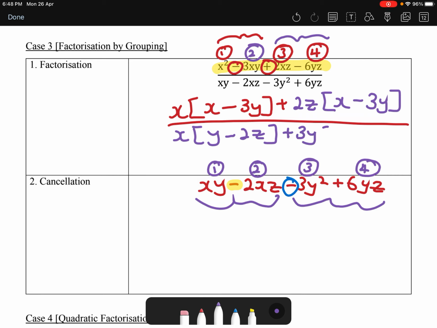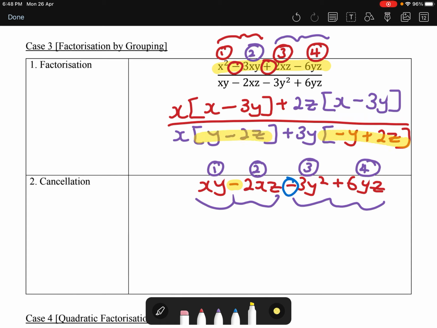Okay, so what is left for the bracket? For the third term, minus 3y squared, I take out 3y, so what is left is just minus y. Then for the fourth term, 6yz, I take out 3y, so what is left is 2z.